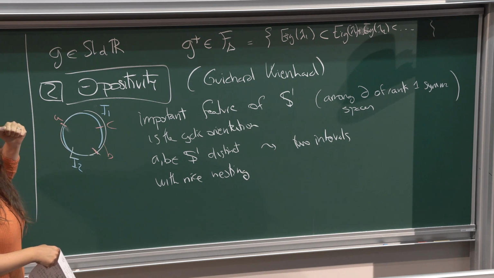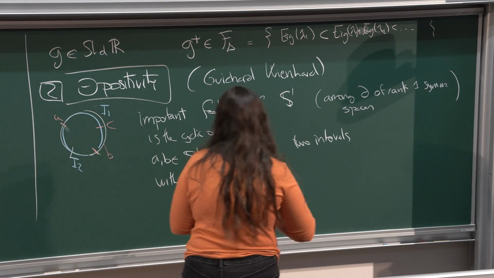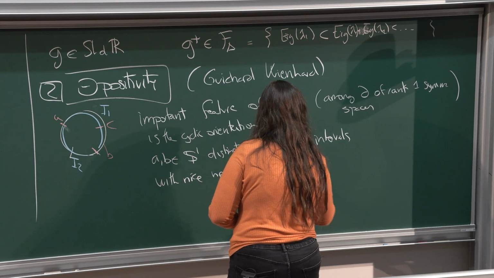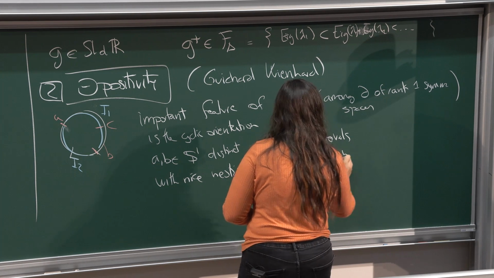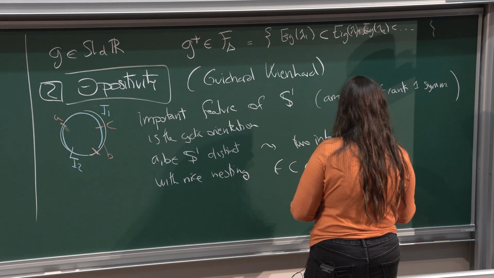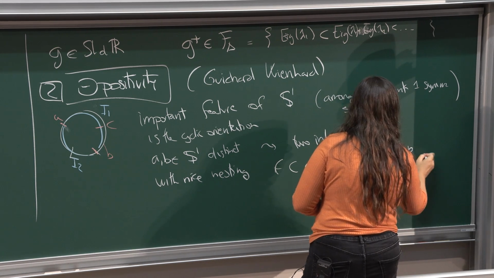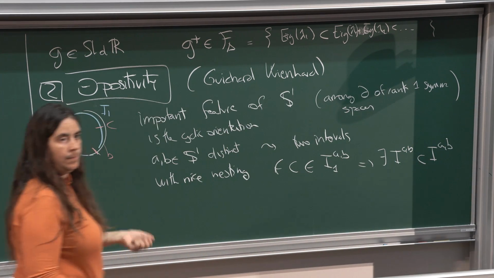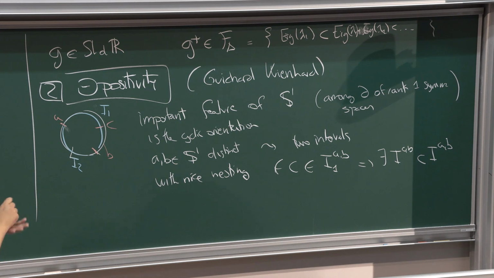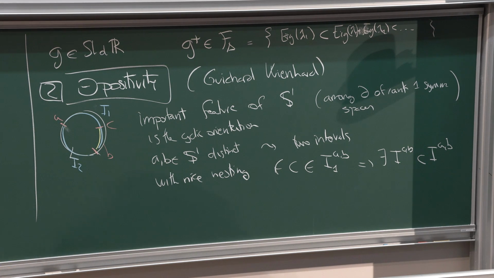Meaning that if C belongs to one interval, I1, determined by AB, then there exists I_CB contained in I_AB. So C determines one of the two intervals, and one of them is inside the previous interval.